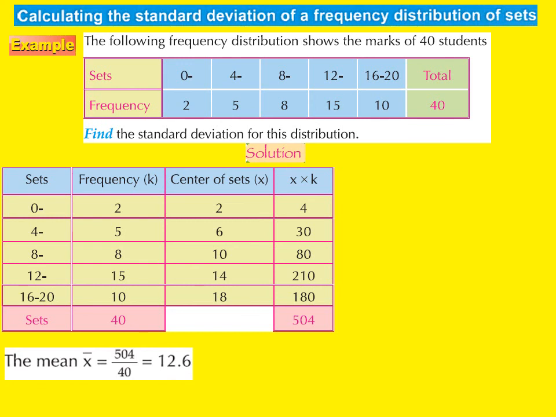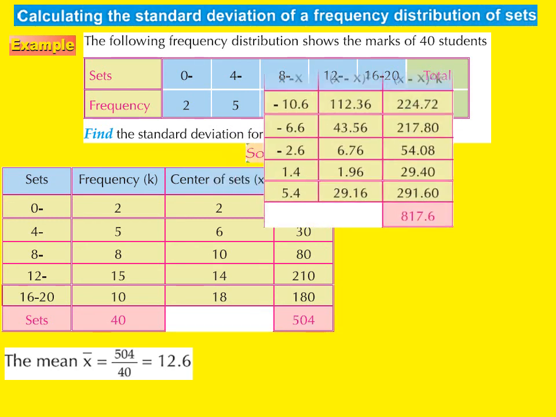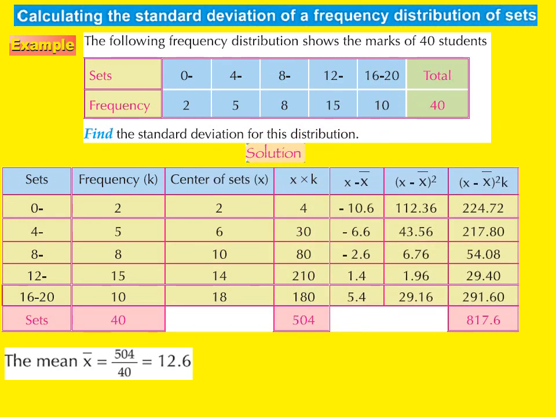Find the mean. X bar equals sum of x times k over sum of k equals 504 over 40 equals 12.6. Then complete the table: x minus x bar, (x minus x bar) all to the power 2, (x minus x bar) all to the power 2 times k.